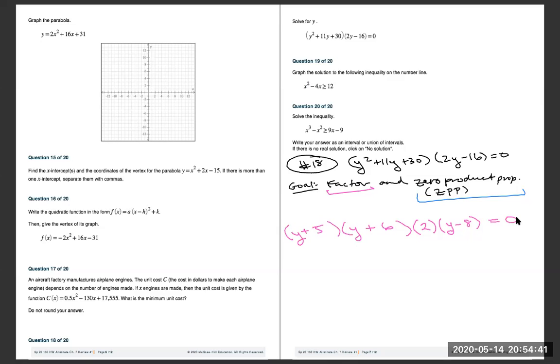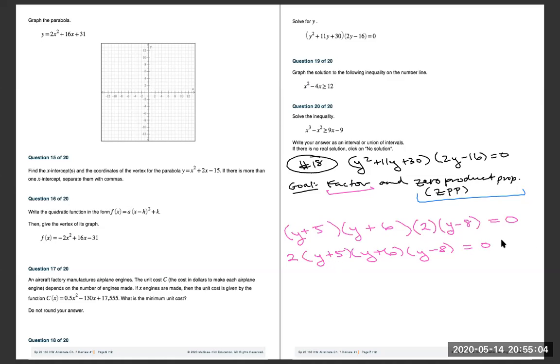Okay, so those factors all multiplied together still equal 0. Let's rearrange so it looks a little nicer. I'm going to put the coefficient of 2 out in the front, and then the binomial factors following. Now we're going to use zero product property.